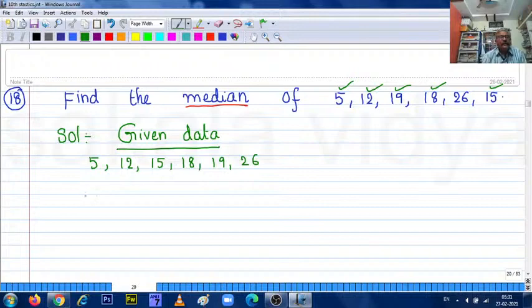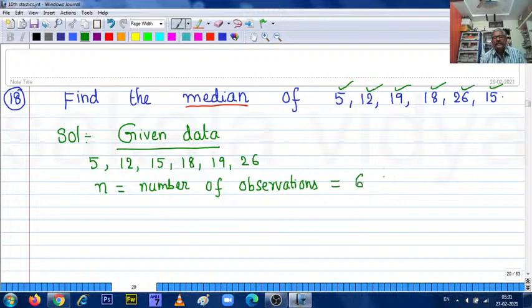So first write the number of observations: N is equal to the number of observations. Just count: 1, 2, 3, 4, 5, 6 observations. 6 is an even number. Then we need to find the position of the median.